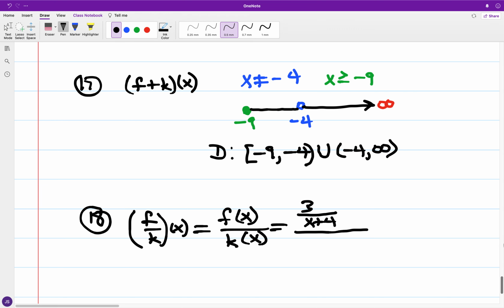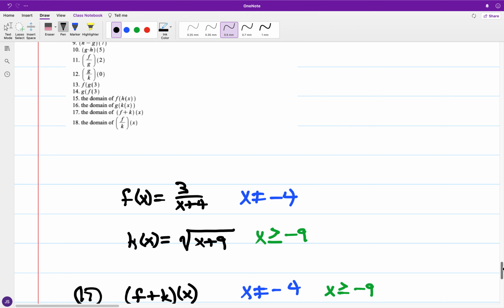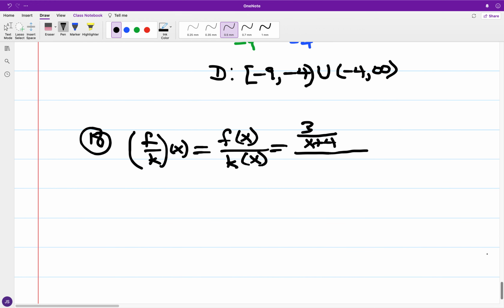And for k of x, again, I have the square root of x plus 9. What's going to happen here is I'm going to try to lump this together. x cannot be negative 4. And this is for the square root of x plus 9.